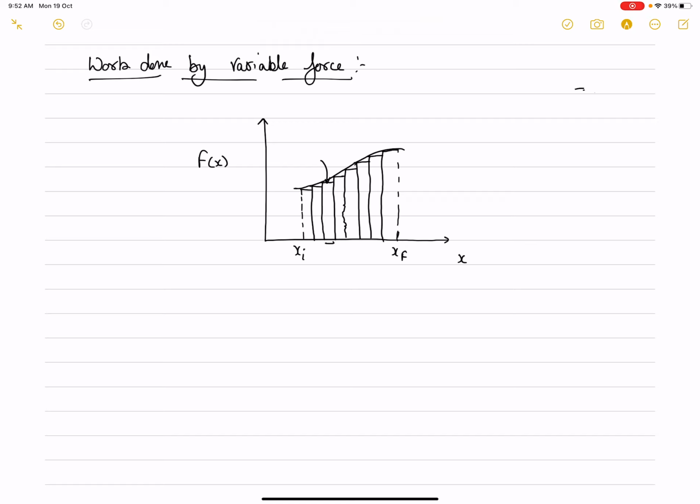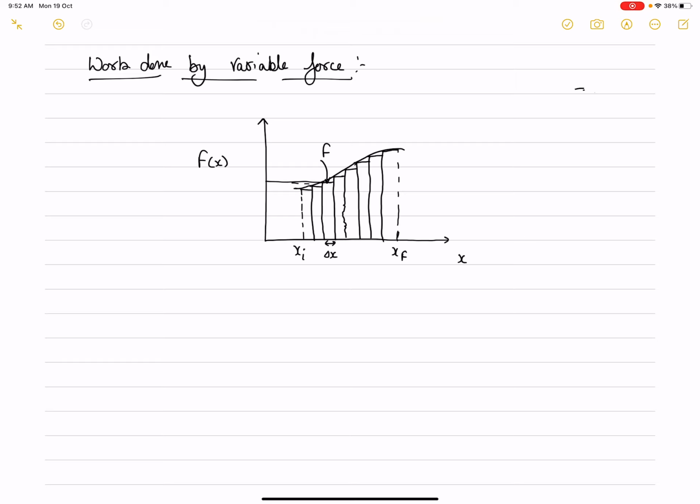The displacement, let's name it del x, and say F constant is the force applied in this small portion of displacement.